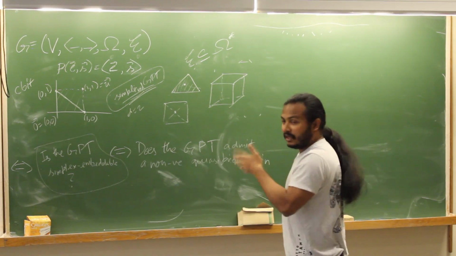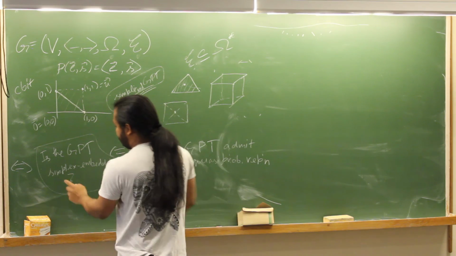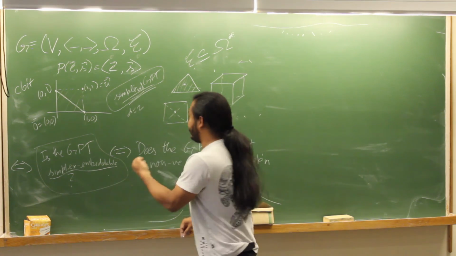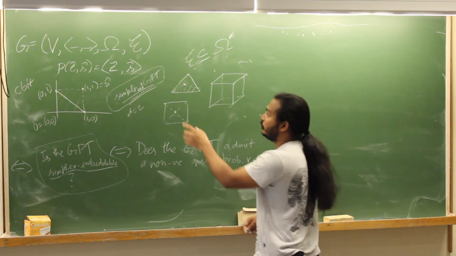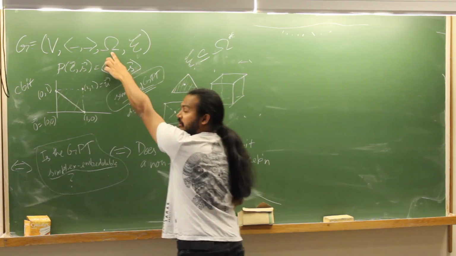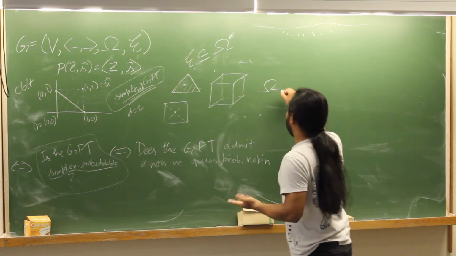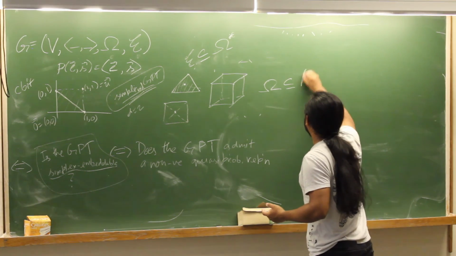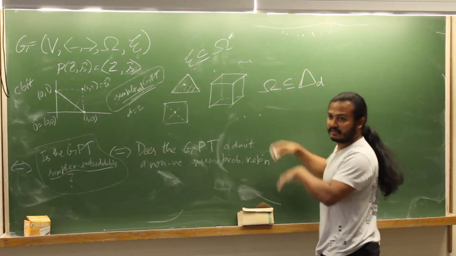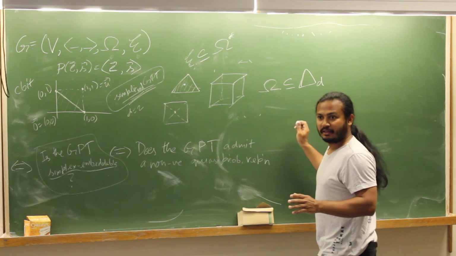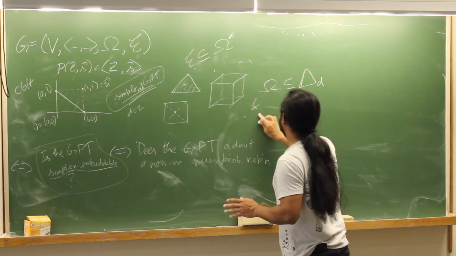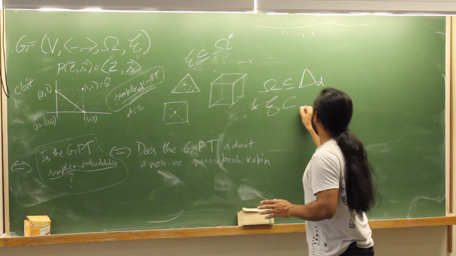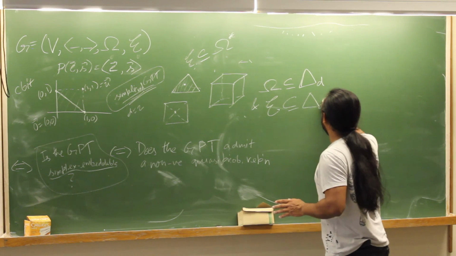Okay. Now the thing I want to say is that this condition of simplex embeddability is basically whether or not you can take your omega for your GPT and embed it inside a simplex of some dimension, okay? And together with this, you can take the effect space of your GPT and embed it inside the dual of the simplex.